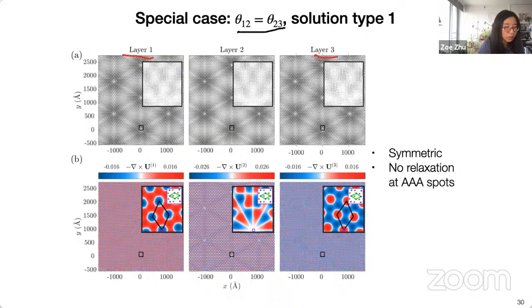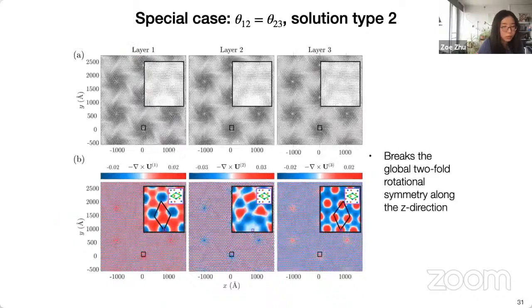And indeed, there is a solution that preserves this symmetry, where you see that the relaxation in layer 1 and layer 3 are basically equal and opposite. And in the middle layer, at the global AA spots, there is basically no relaxation or no rotation.